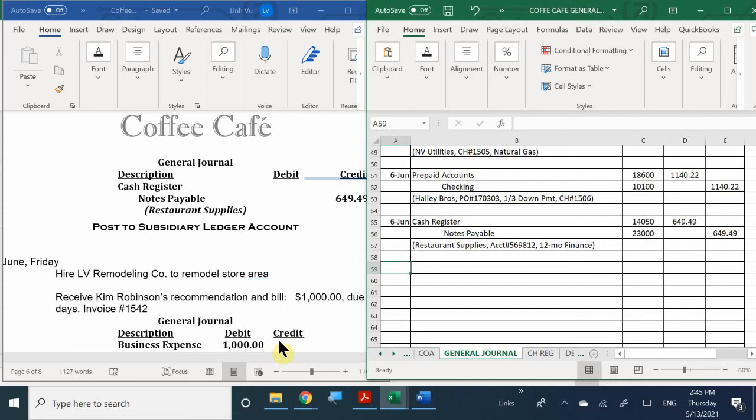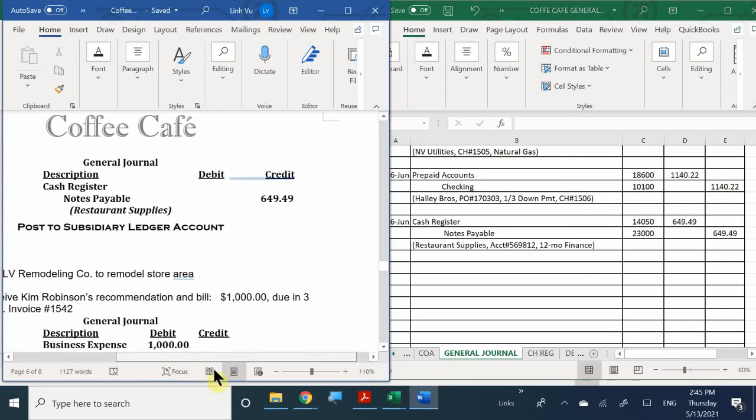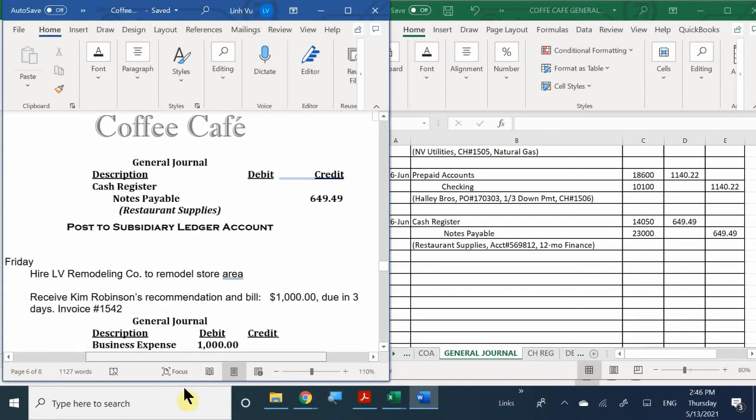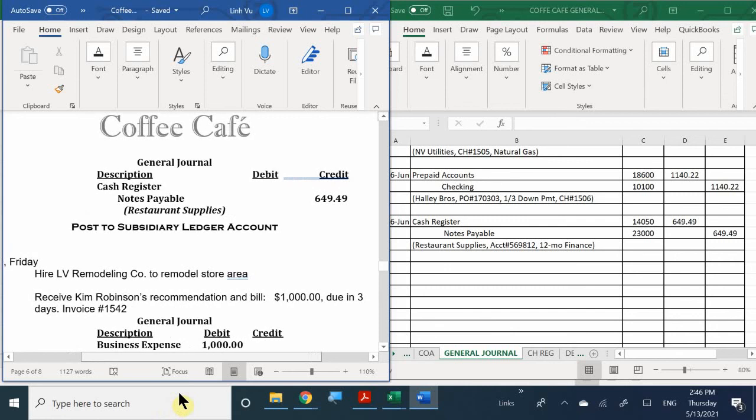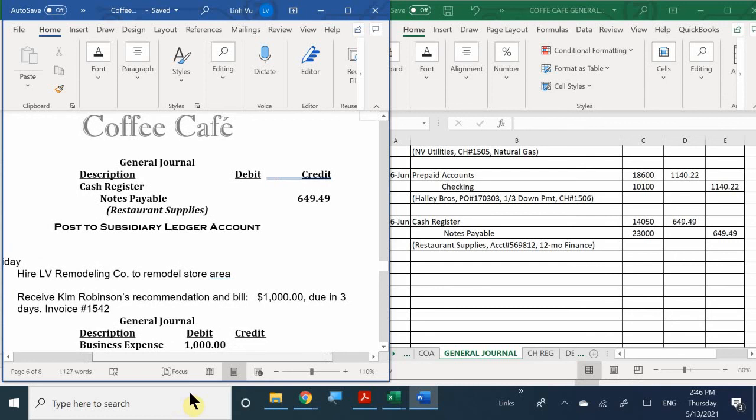So my bill that I'm going to charge you is $1,000. And when is it due? In 3 days. So therefore, if it's due in 3 days, our assumption is we're not going to pay it yet. So if we're not going to make a payment yet, how are we going to journalize this transaction?